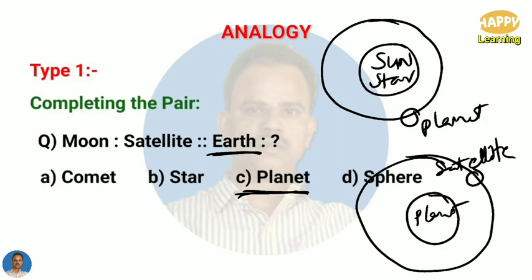The objects that revolve around the planet are called satellites. So, moon is a satellite to Earth. Earth is a planet to sun. Okay, right. Next question.